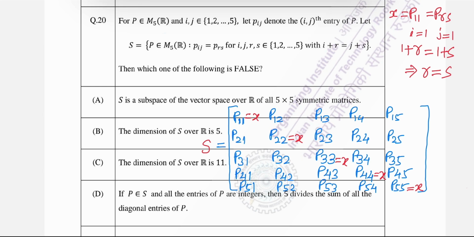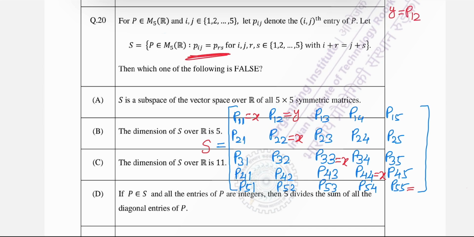Okay, so now we go for the second entry in the same way. For that I erase this. This was for the diagonal entries. Now suppose P12 equals Y. So Y equals P12, and this will be equal to P_RS, where you compare i equals 1, j equals 2.